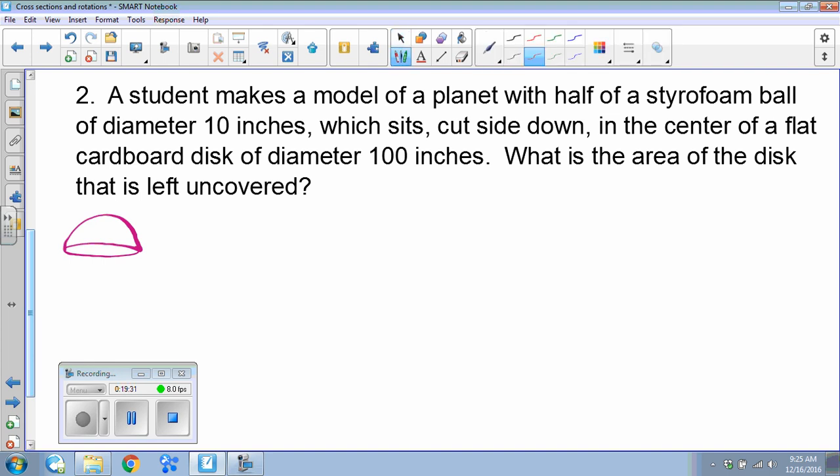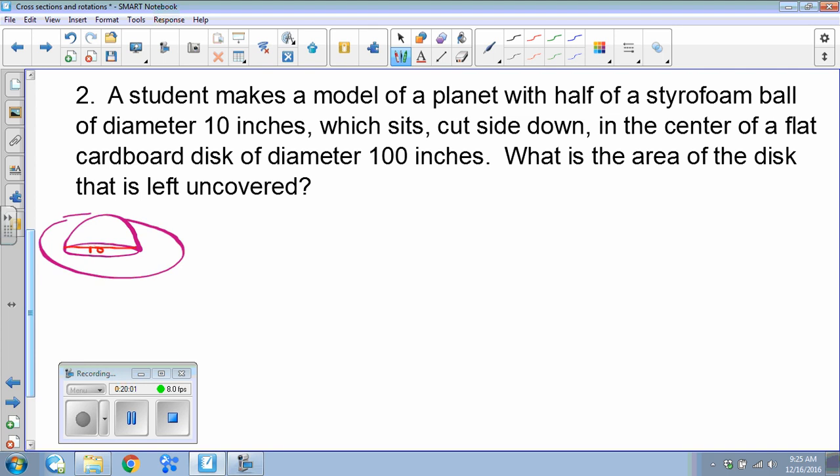Alright. Which sits cut side down, now I need to draw it down, I don't think I did the problem. Which sits cut side down in the center of a flat cardboard disc. So that's also the shape of a circle. So you've got a styrofoam ball sitting on a cardboard disc.